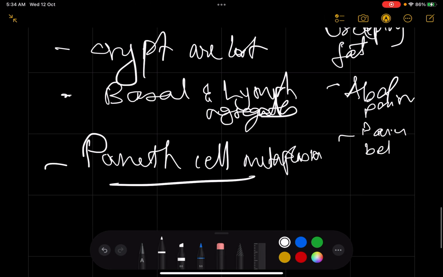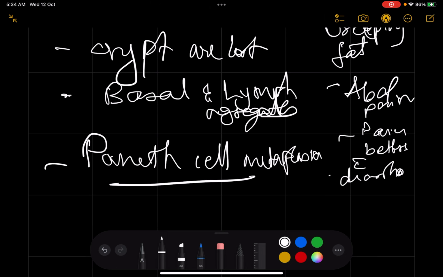Pain betters with diarrhea, that's a very classical finding. So every time they pass feces, the pain becomes better. Also, steatorrhea can be seen, weight loss, lymphadenopathy, because it can involve literally any part of the intestine, and if it involves the ileum, you can obviously see a certain amount of steatorrhea, fat being lost.